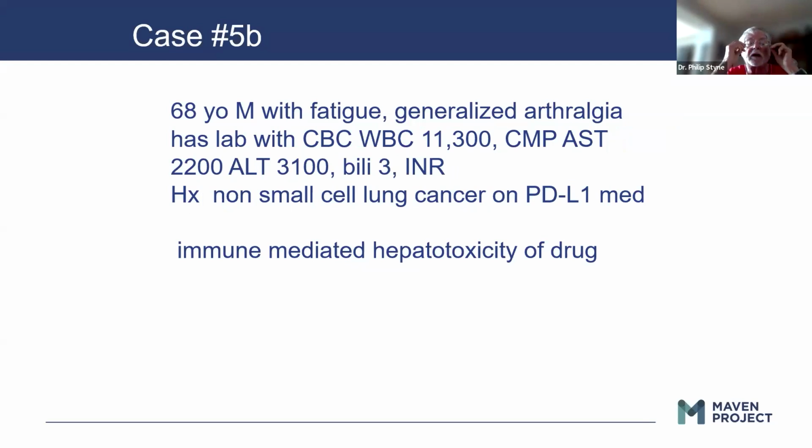Similar patient, but they have non-small cell lung cancer. They're on a PD-L1 drug, and they have immune-mediated hepatotoxicity of drug. I see one of these every other month. Next slide.